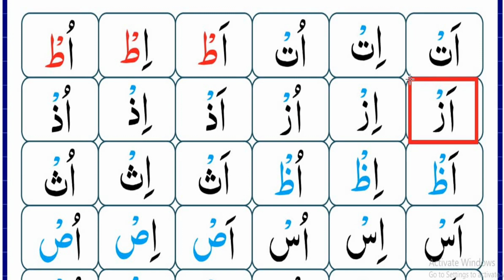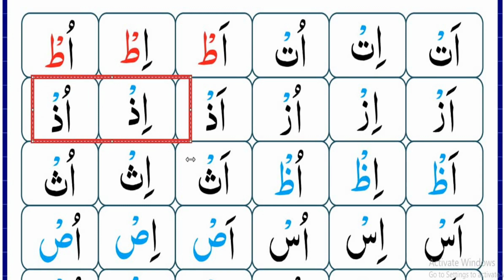Then the next one, that's hamza za fatha as, hamza za kasra is, hamza za dhamma us. Hamza dhal fatha ad, hamza dhal kasra id, hamza dhal dhamma ud.